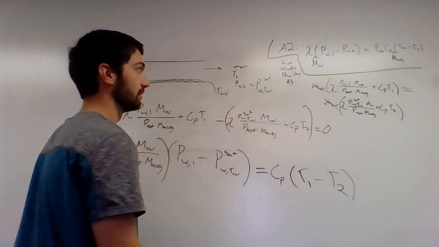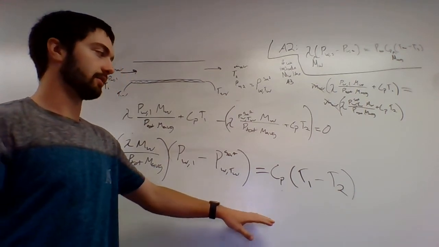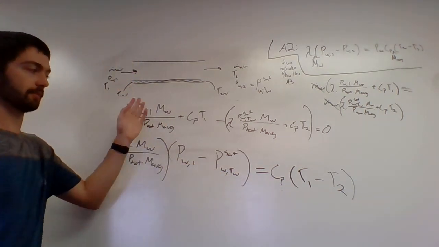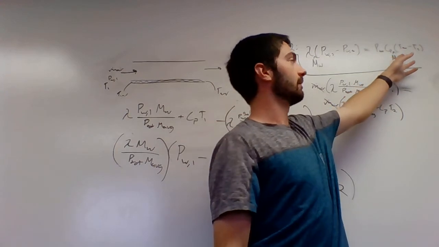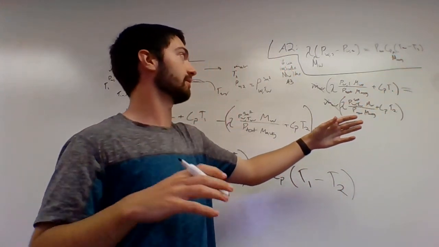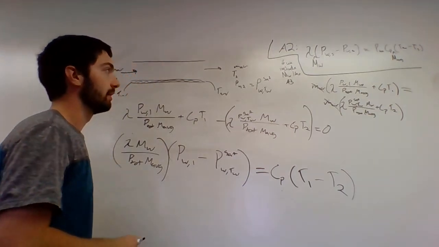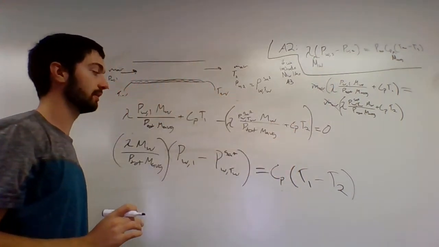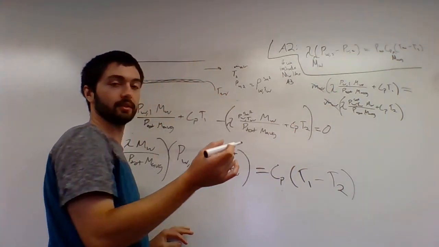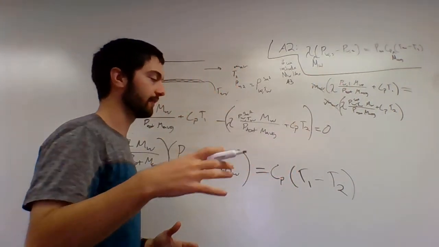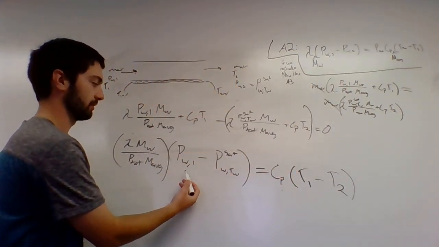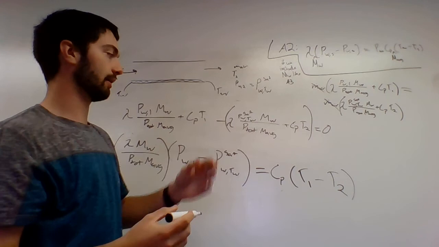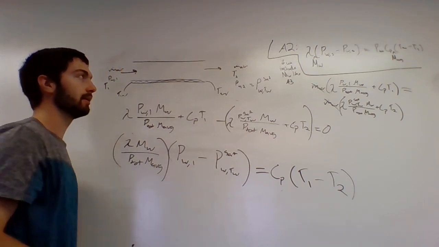So T1 minus T2 in the adiabatic saturation temperature is the initial temperature minus the second temperature, where here we have the air temperature minus the surface temperature, and then the pressures are flipped. So the partial pressure of water at the surface is higher than the partial pressure of water in the atmosphere. And this one is the initial partial pressure of water minus the saturated partial pressure at the outlet. And in that case, this is going to be lower than that.